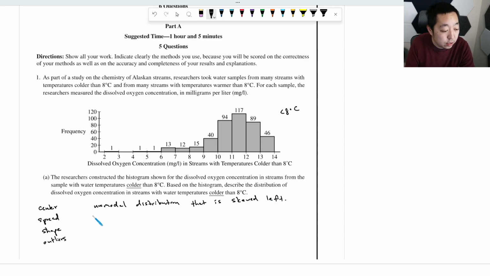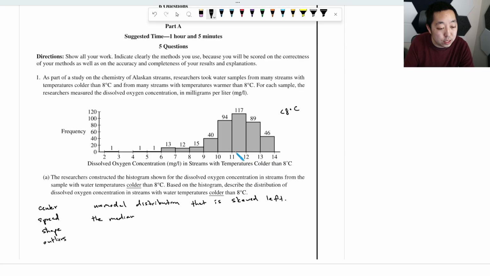Okay, I would say the median is probably somewhere around here. You can find the median by counting out what's about 50%. If I were to count all this up, there's a total of, I don't know, somewhere around 300, just by eyeballing my estimate. So somewhere around 150 is going to be the middle, so I say between the 11 and the 12 maybe is where the median's going to be.